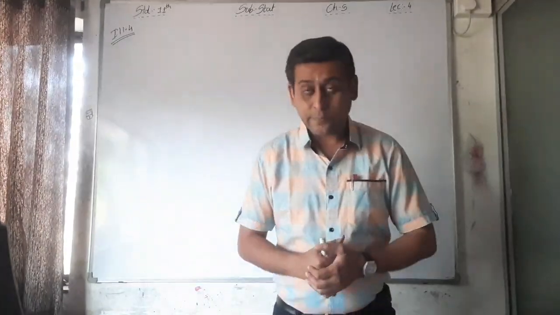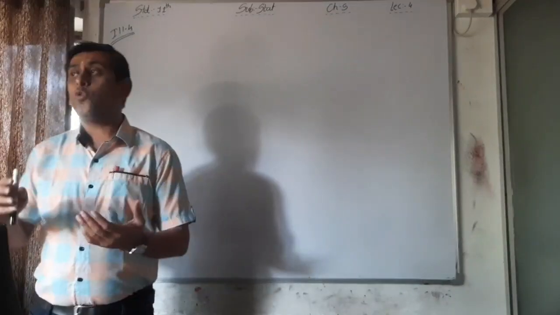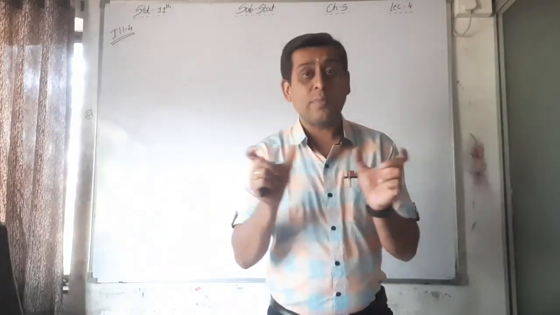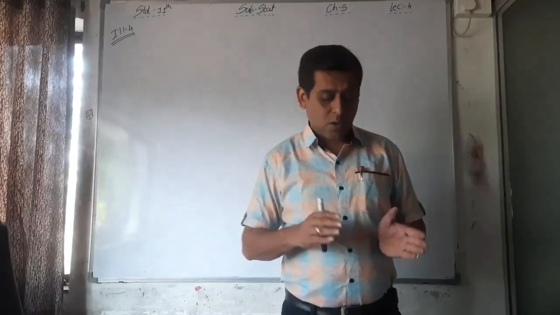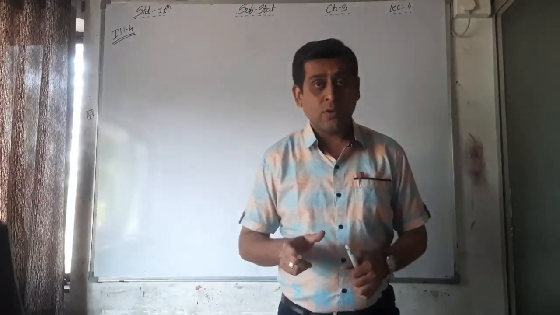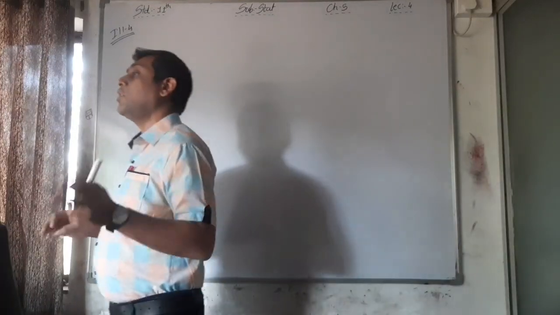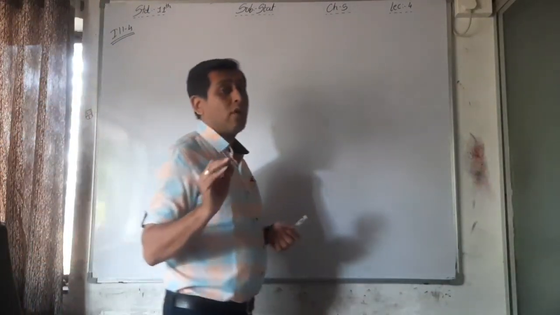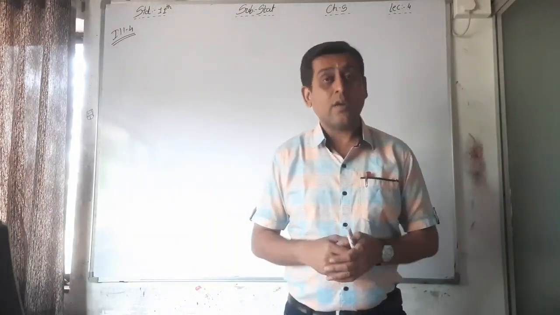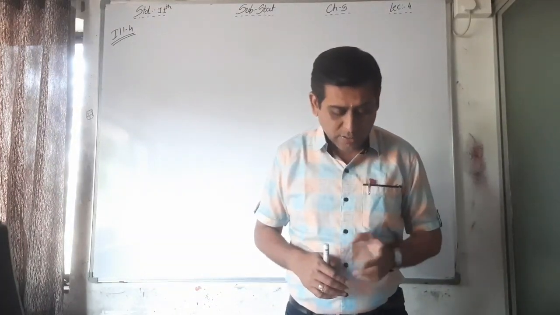Second, a mixed distribution is given, like 1, 2, 3, 4 and then 5 to 7, 8 to 10 and so on. Here it is 1 to 3, then 4 to 6, then 7 to 9, then 10 to 13, so the class length is not equal. Third situation: 1, 2, 3, the difference is 2.